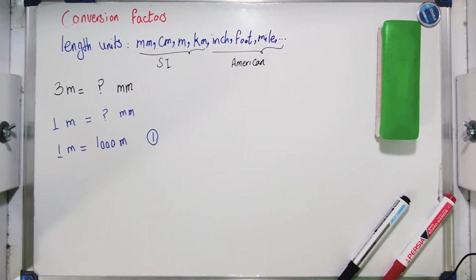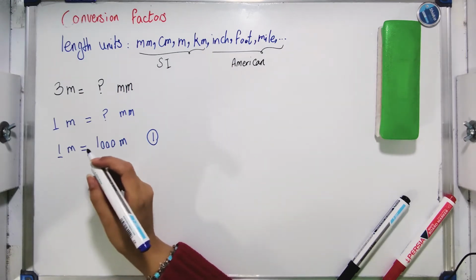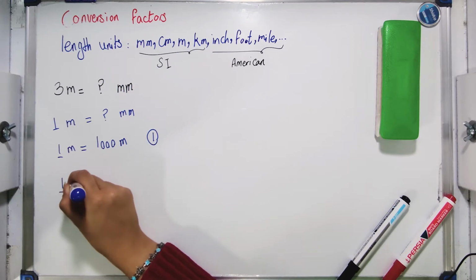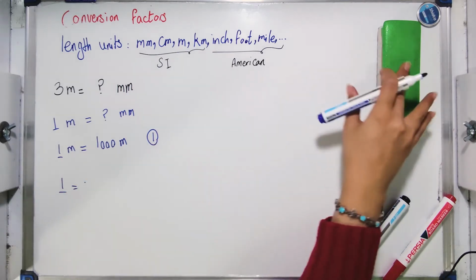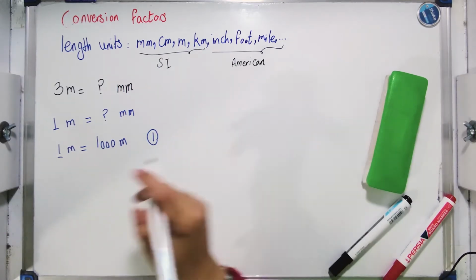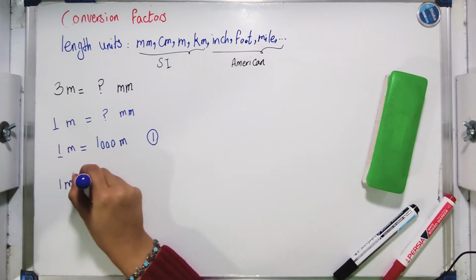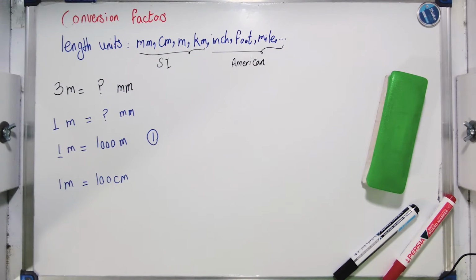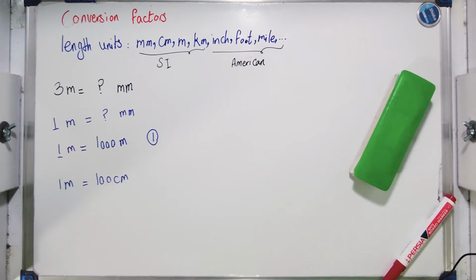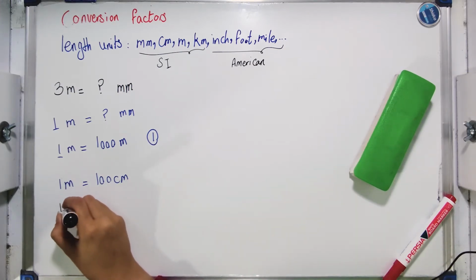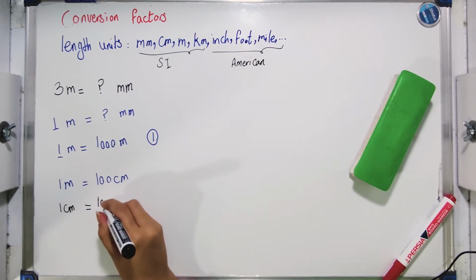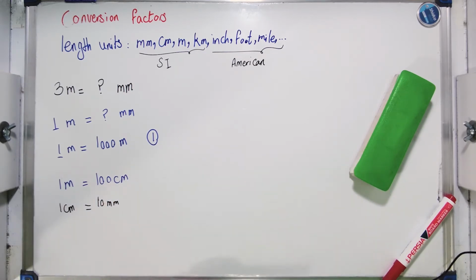Another way is that you say, okay, I know that in every meter I have 100 centimeters, and in every centimeter I have 10 millimeters.